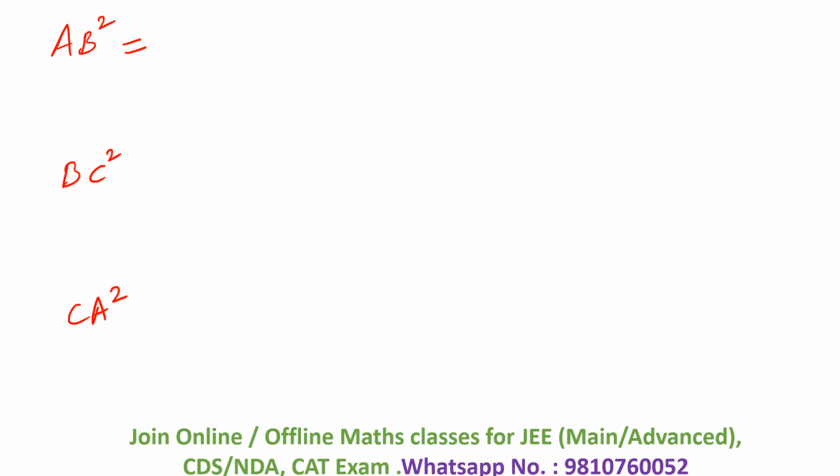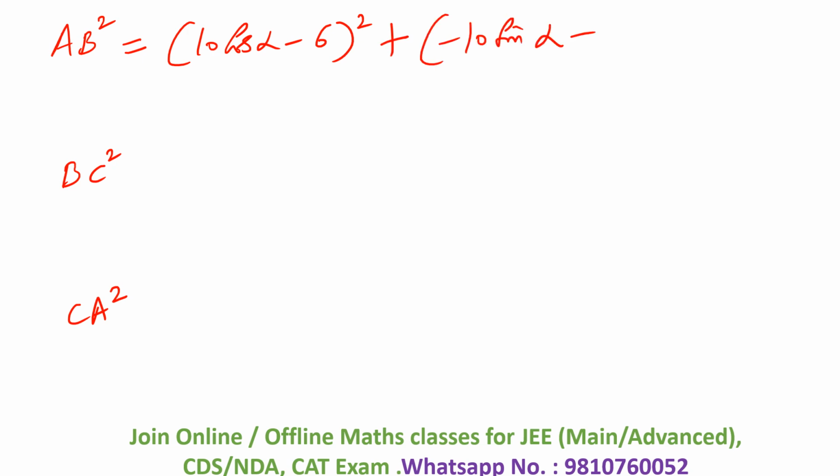Now the value of AB square will become (10 cos alpha minus 6) whole square plus (minus 10 sin alpha minus 8) whole square. When you simplify it by opening up the brackets, you will get 200 minus 120 cos alpha plus 160 sin alpha.